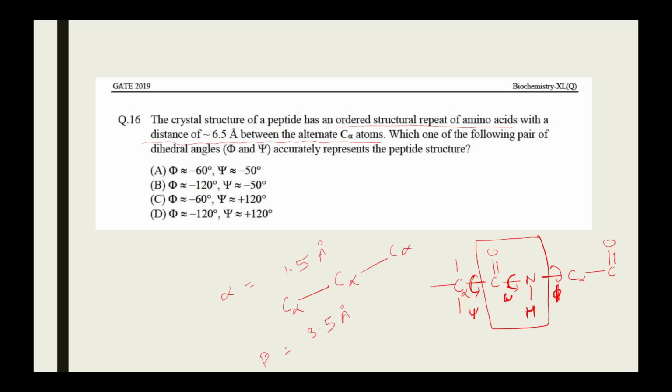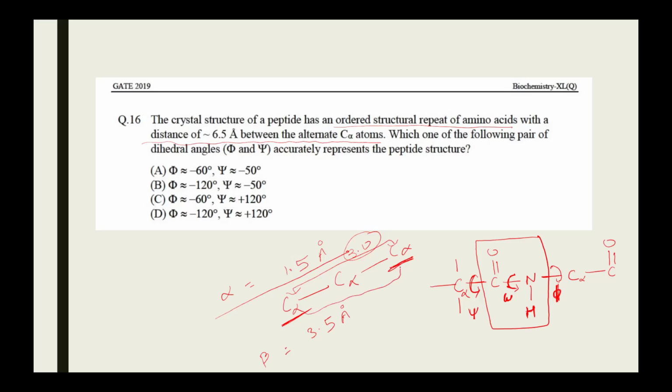It is talking about the distance between alternate C alpha atoms. So the distance between these two would be in the range of 3 if the structure were alpha helix. But it is given as 6.5 angstrom.